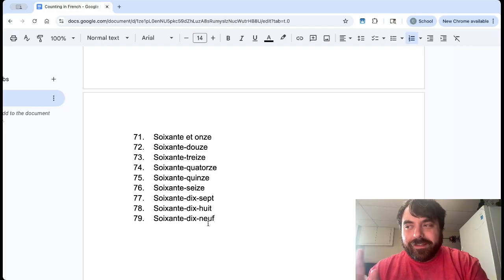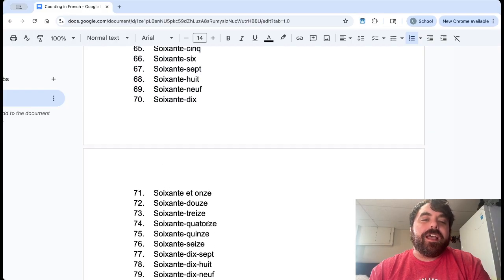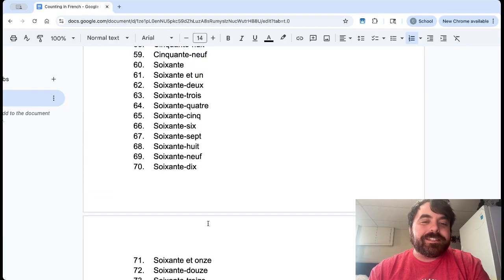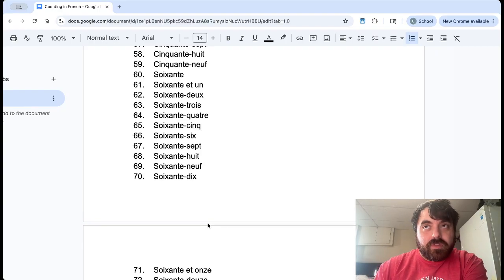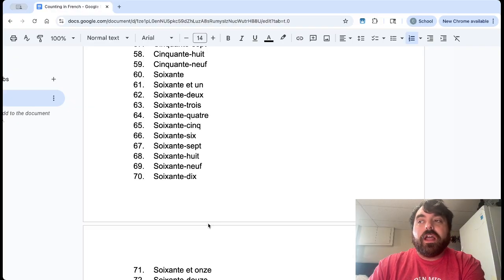Now, this is weird. It does have a historical basis. The basis that I've heard for it historically is that Rome, a historical major empire, conquered France at one point. But there were people that lived there before Rome conquered them. Those people were called the Gauls, and the Gauls used a system of counting that was based around the number 20.